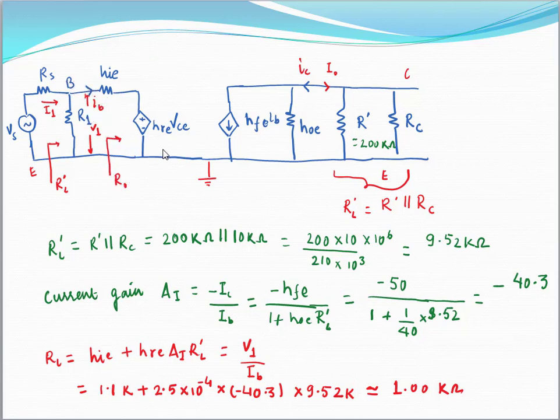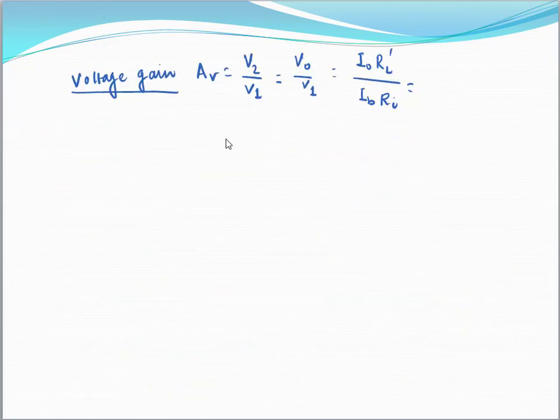Okay, so further we can approximate here. Minus of IC, because I0 is opposite direction of IC, and IB Ri.